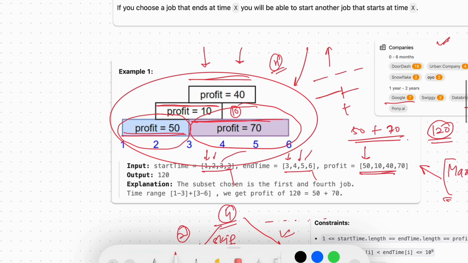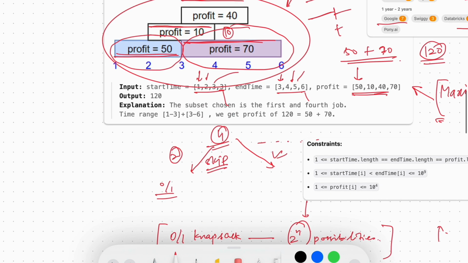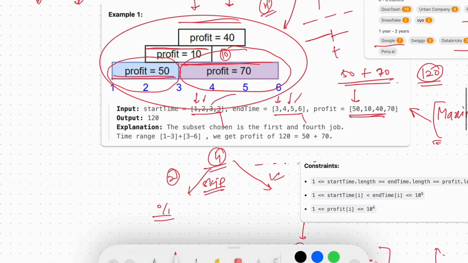So it's clear that for every job we are going to either consider it or not consider it. If we are considering jobs, we have to do that in an order. We cannot randomly check whether a job has to be considered or not.